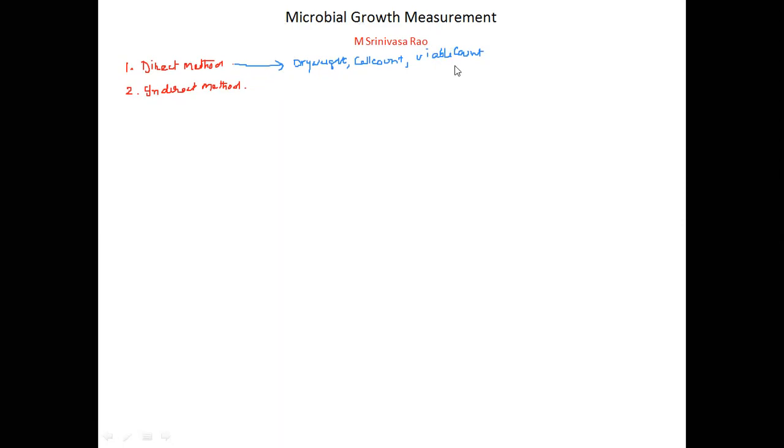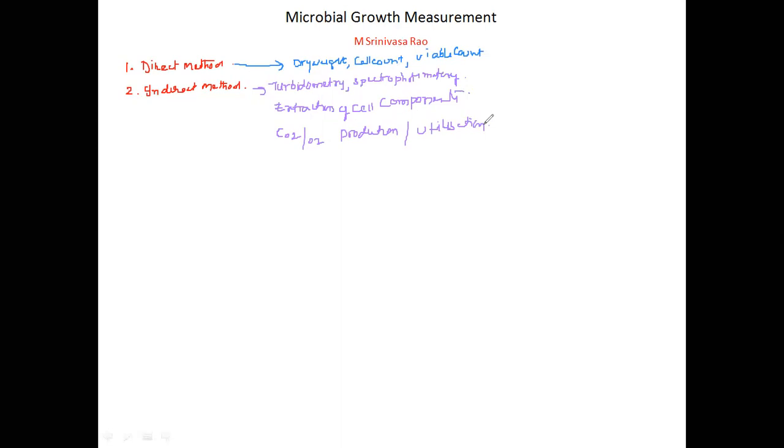In indirect methods, we'll go for turbidometry, spectrophotometry, extraction of cell components, and another one is CO2 production and oxygen utilization.